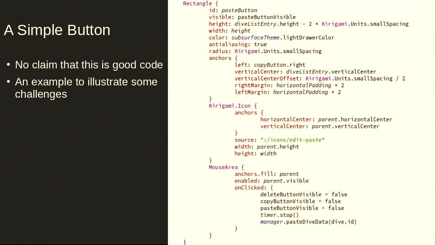So I talked about declarative programming, and I talked about some of the things that I find challenging with this. So this is a button, right? You saw that right away. It's a rectangle, it has a name, it has some control when it's visible, shape, form, height, color, radius of the corners, the anchors.